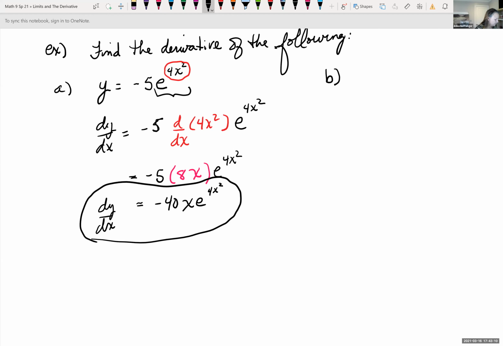So let's look at another one. What if y is equal to parentheses 3x cubed minus 4x end parentheses, and this is raised to the e to the -5x power.